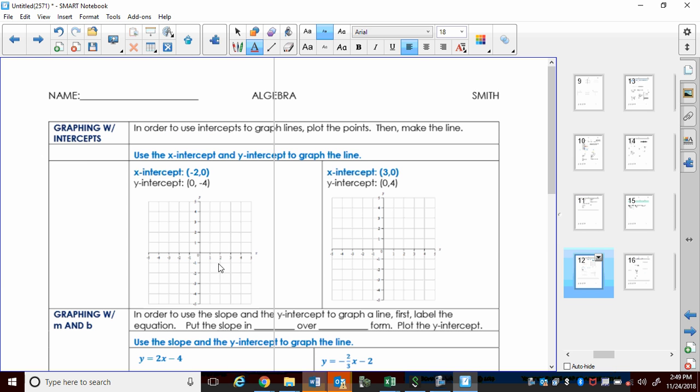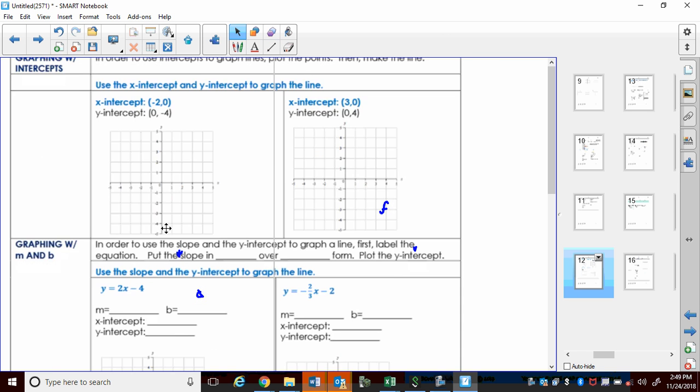On the next page, we're going to graph equations using these intercepts, and it's relatively easy. You plot the 2 points, and then you make a line. So for -2, 0, I'll go left 2, make a point right here, and then down 4. Over here, I go right 3, and then up 4. Okay? And what I need to go back and do is just connect the 2 dots.